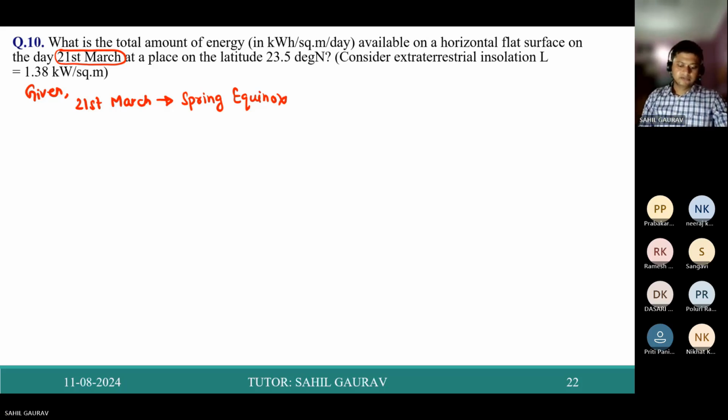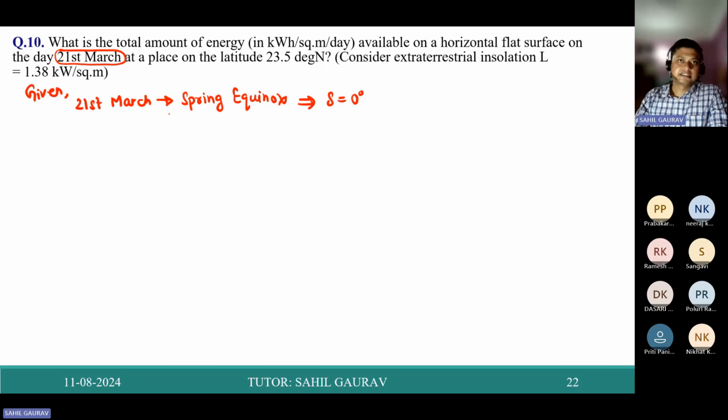Right? 21st March is spring equinox. So on equinox, we know that the solar insolation line lies parallel to the equatorial plane. So this del angle will be 0. So declination angle is 0.